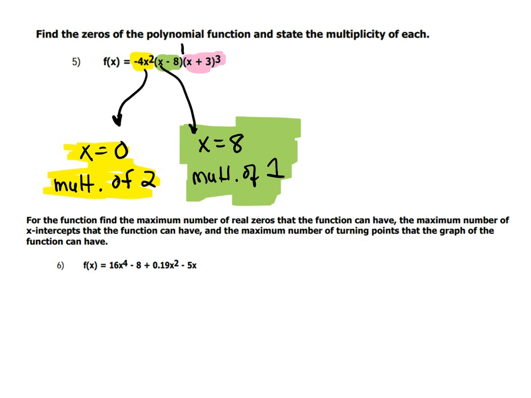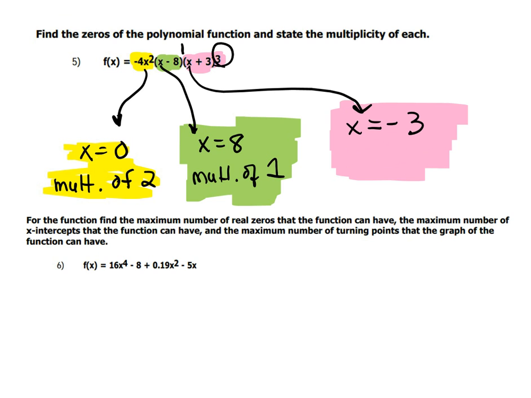And then the last one is the pink one, and I've got an x plus 3, so this x would have to be a negative 3. And because of the exponent of 3, it has a multiplicity of 3. Boy, my handwriting's horrible today.